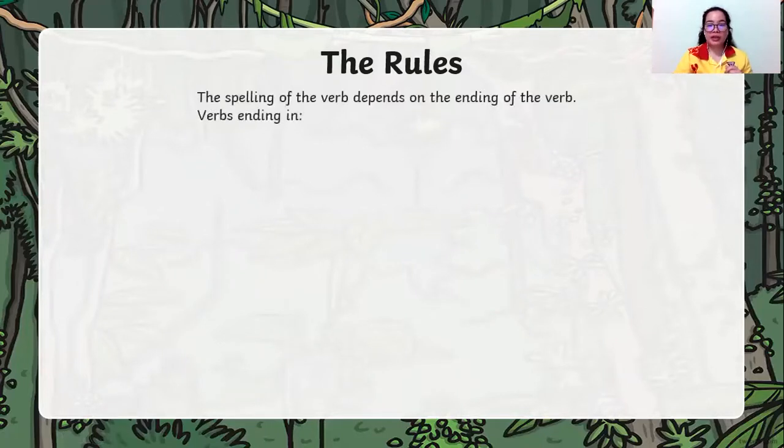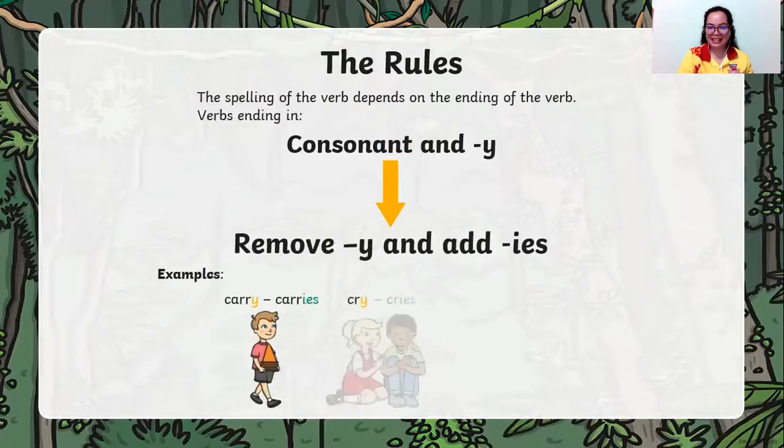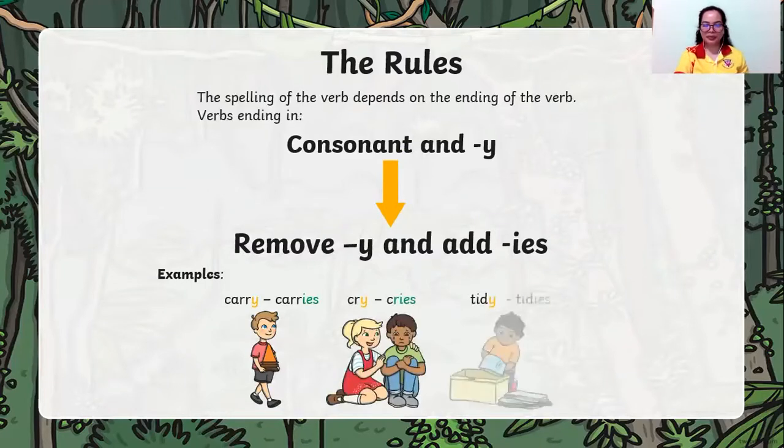the spelling of the verb depends on the ending of the verb. Verbs ending in consonant and Y. Okay, so remove Y and add IES. Okay, example. If our verb ends with Y, therefore, you are going to remove Y and add IES.